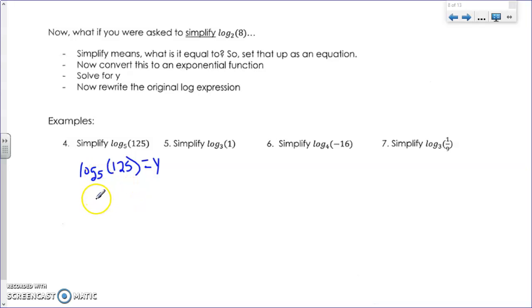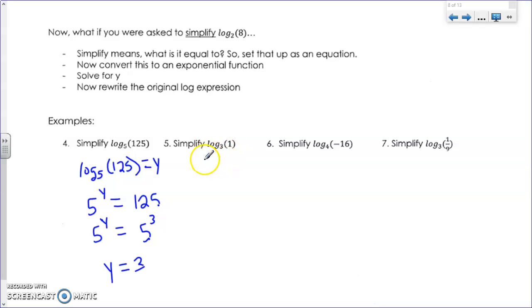So we can take the base, raise it to the exponent, and that's going to equal 125. Okay, again, 5 to the y equals 5 to the 3rd. So what does y have to equal for that to be equal? 3. When the bases are the same, you can just set the exponents equal to each other. So log to the base 5 of 125 is 3.